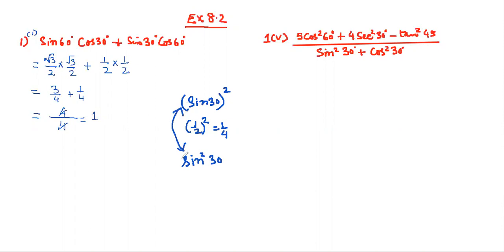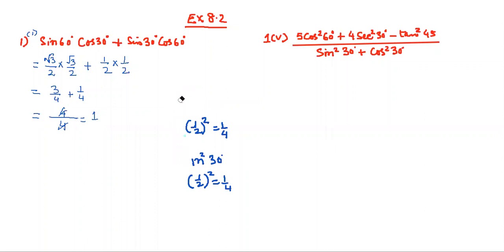They are two different ways of writing the square of sine 30 degree. In both cases, we will write down the value of sine 30 degree, which is 1 by 2, and take its square. So it is 1 by 4. I hope it is clear, so solving the given question will not be difficult for you.